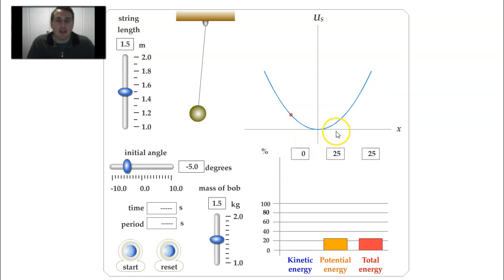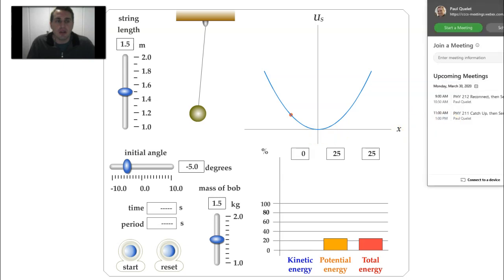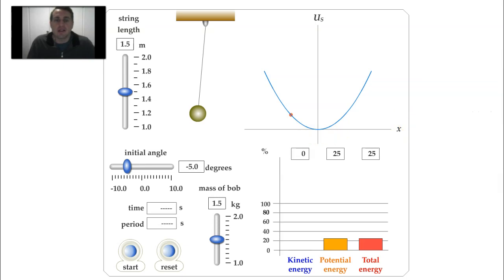Notice that right here at the bottom of the pendulum bob swing, the horizontal derivative is exactly 0, and that's because there's no change in the potential energy at the bottom.